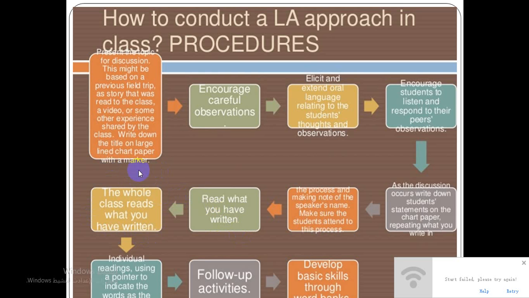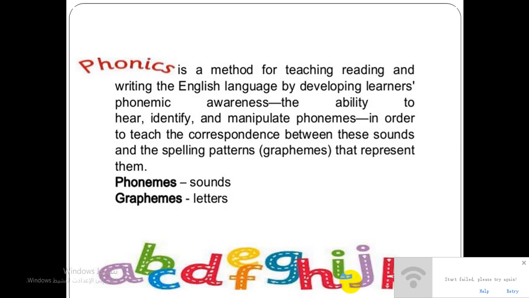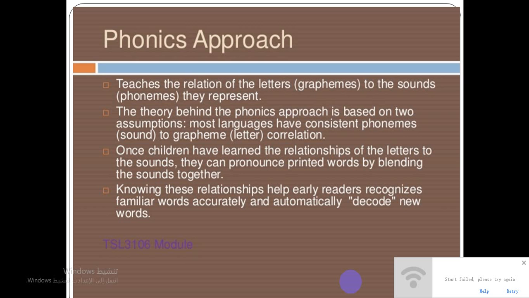The whole class reads what you have written, using a pointer to indicate the words. After that, follow-up activities, and the last procedure is to develop basic skills through word banks.